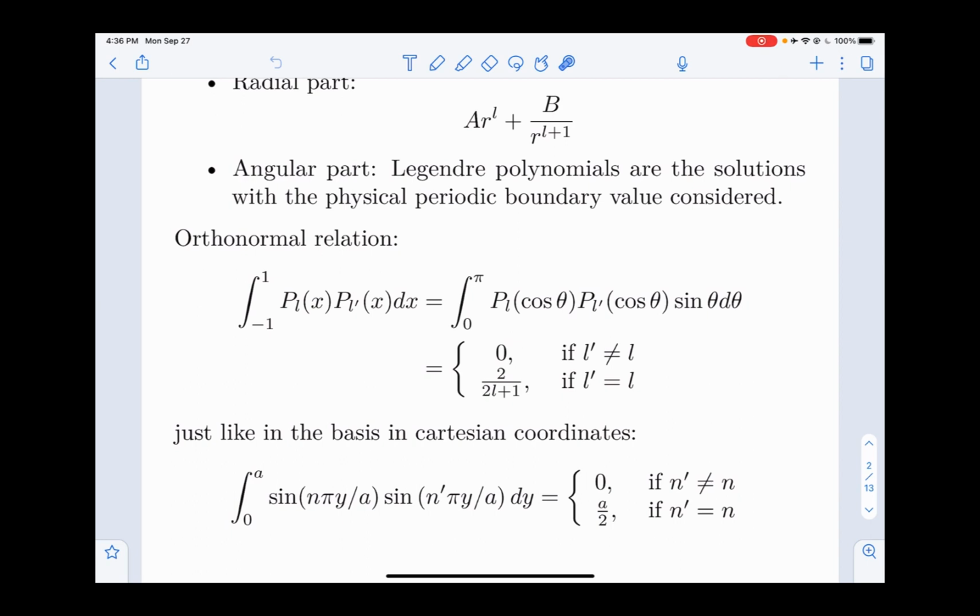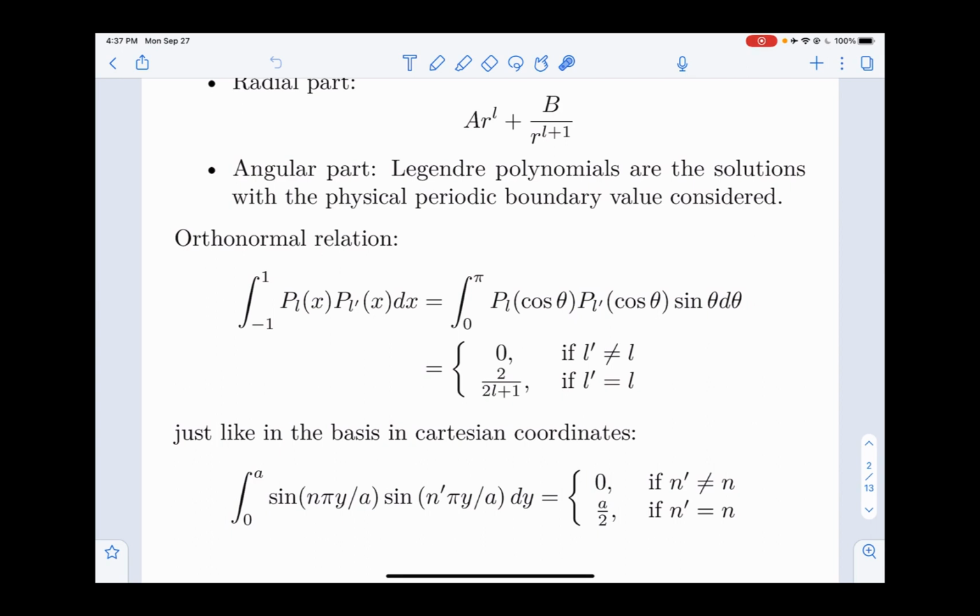If n equals n prime, the integral is non-zero, with a constant a over 2, and if n is not equal to n prime, the integral is 0. This is called the orthonormal relation.